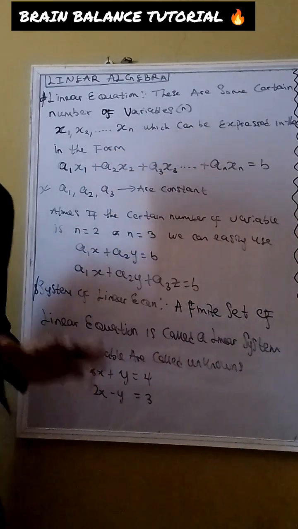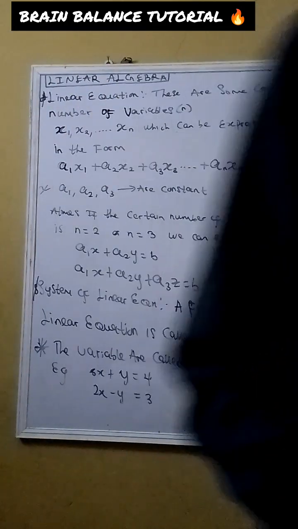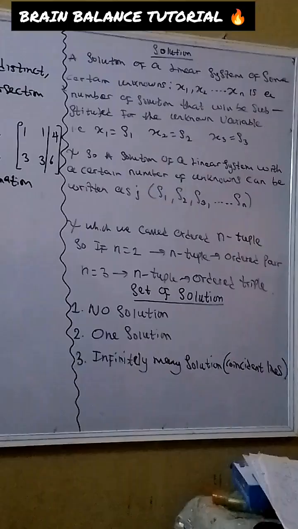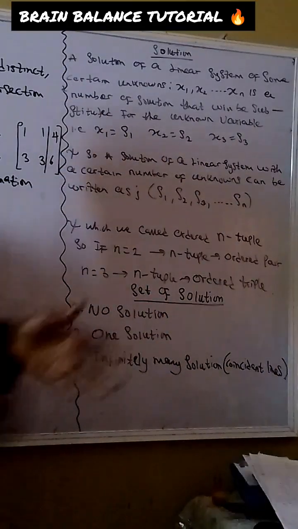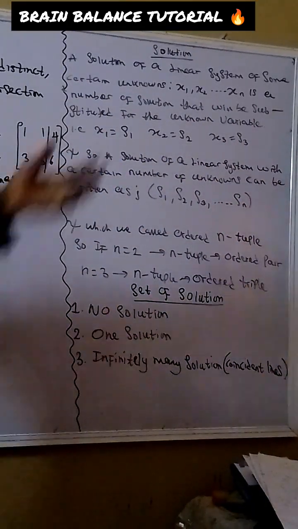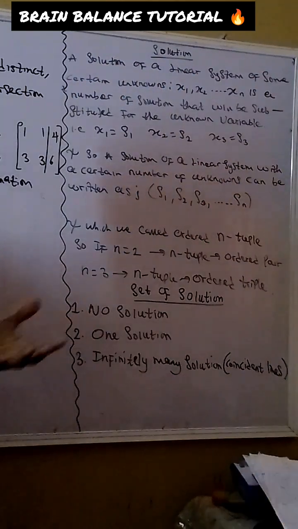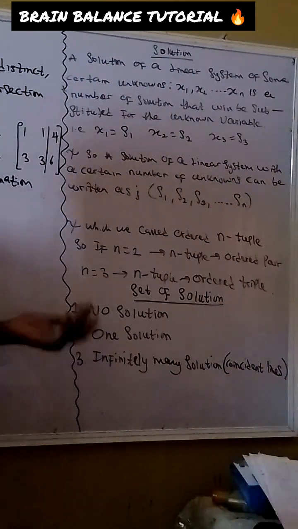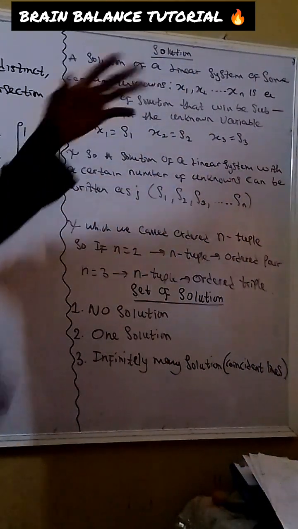So let's talk about something we call solution. When we discuss solution, we say that a solution of a linear system, if you have equation one, equation two, equation three, and many more, those are what we call the system.